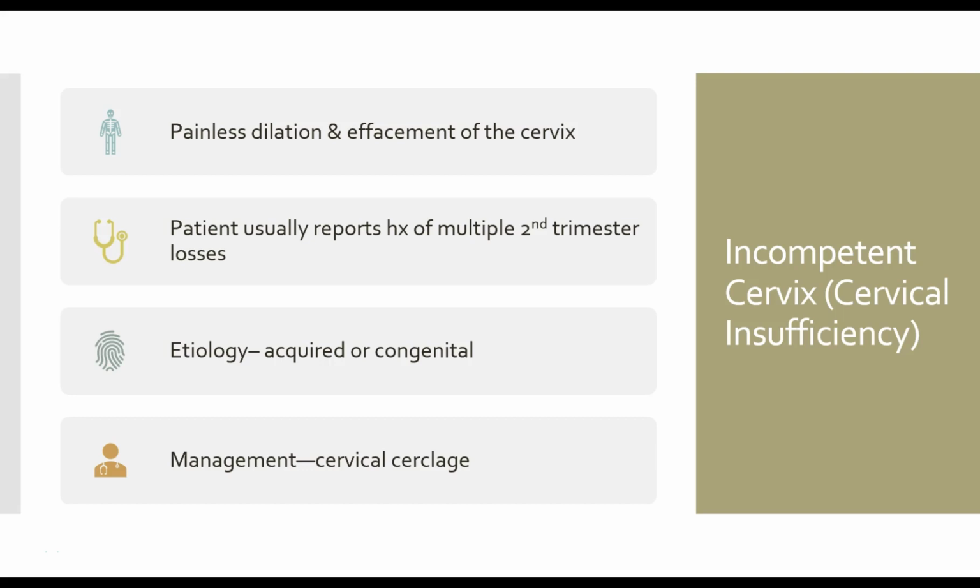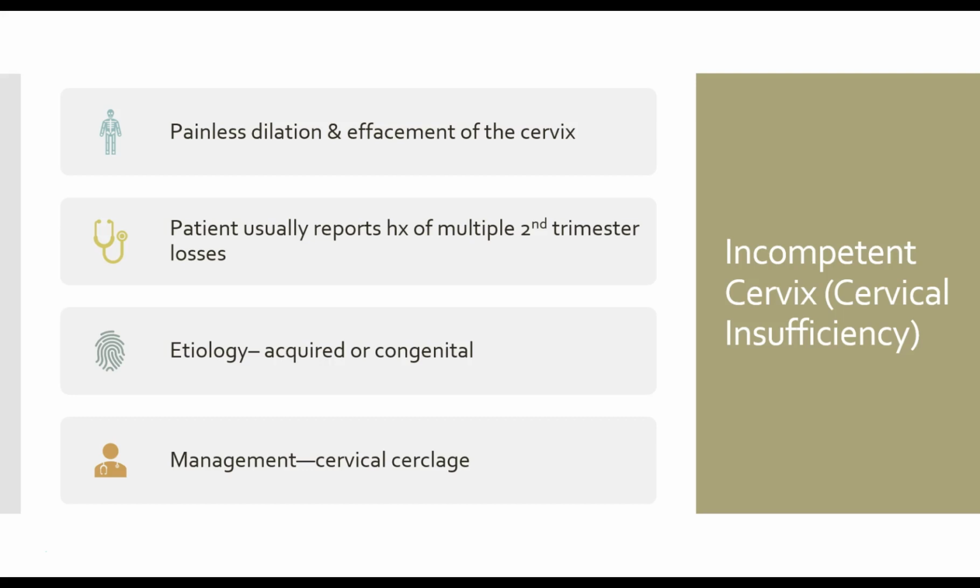Okay, so an incompetent cervix or cervical insufficiency, so painless dilation and effacement of the cervix. Patient usually reports histories of multiple second trimester losses. This occurs more commonly in the second trimester. It could be acquired or it could be congenital.